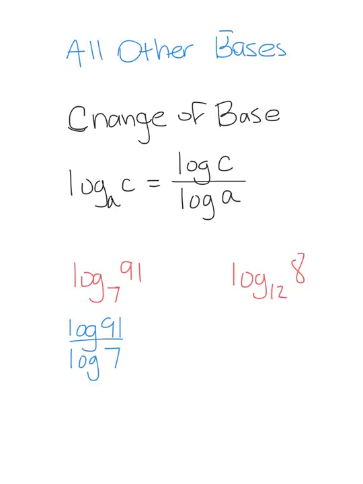Okay, now TI users, you're going to need to be a little careful. When you press the log button on your calculator, a parenthesis opens up. And so right after the 91, you have to shut down that first parenthesis before you hit divide by, and then on the bottom, log of 7.